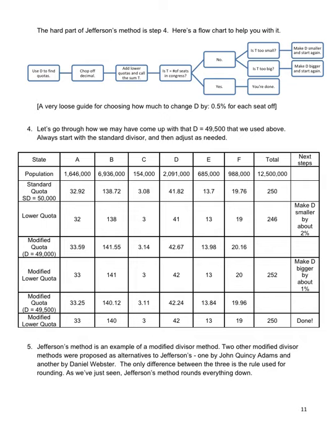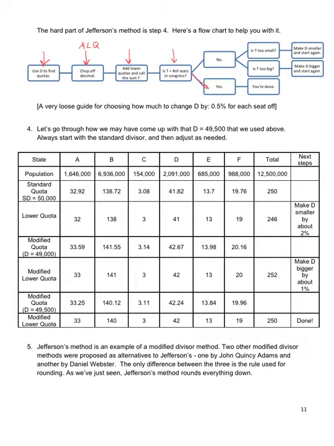On the next page, the hard part of Jefferson's method is step 4. How do you find that modified divisor? Well, there's a flow chart here that can help you with it. You use that modified divisor D to find your quotas. You round down to your lower quotas, so you're getting your modified lower quotas by chopping off those decimals. You add those modified lower quotas together and get your sum. We'll call that T for total. Then you check if T is the number of seats in Congress that you're trying to apportion.